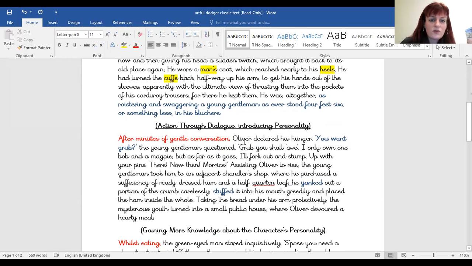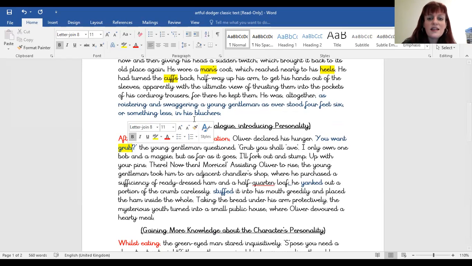So after minutes of gentle conversation, Oliver declared his hunger. You want grub, okay? So grub is a slang word meaning food, and it's Cockney rhyming slang. So it tells us that Dodger speaks in a very kind of relaxed type of way, and that he's probably been in London for a lot of his life. And in fact, we go on and we find out that he has.